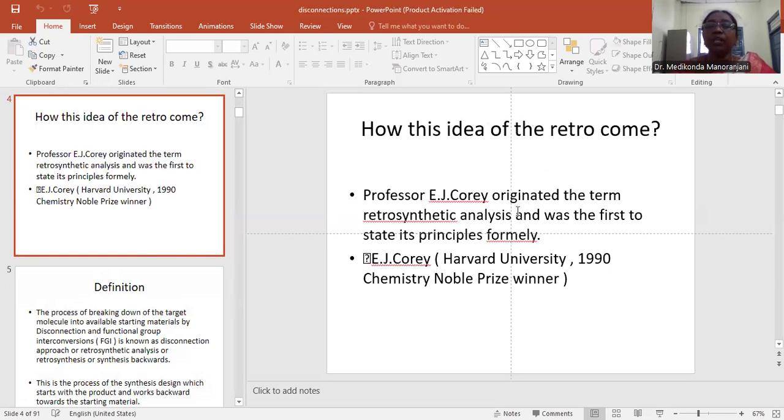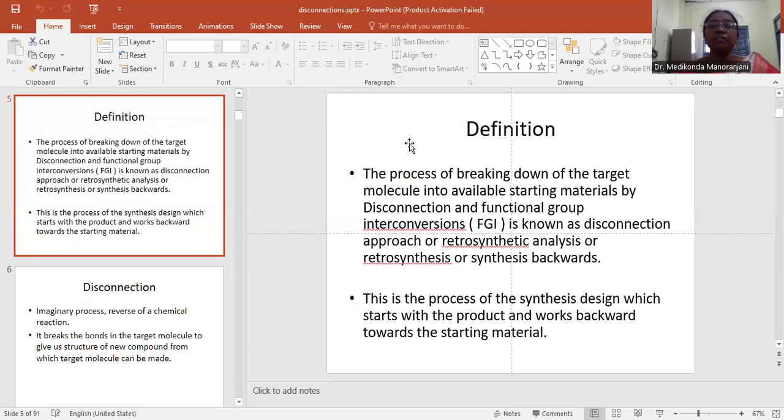Professor E.J. Corey originated the term retrosynthetic analysis and was the first to state its principles formally. E.J. Corey is a professor at Harvard University and he was awarded the Nobel Prize in Chemistry in the year 1990.